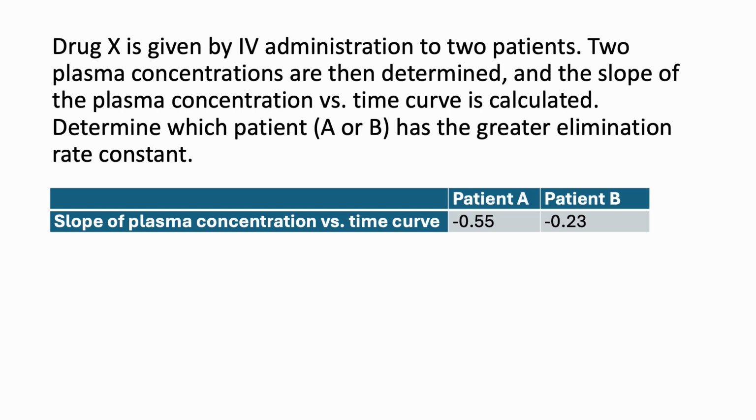So again, the slope of patient A is 0.55, the slope for patient B is 0.23, and you know that the elimination rate constant K is the negative of the slope. So in this case, the K value for patient A is 0.55, and for patient B it is 0.23. And the greater K value means the greater elimination rate constant, of course. So in this case, patient A has the greater elimination rate constant.